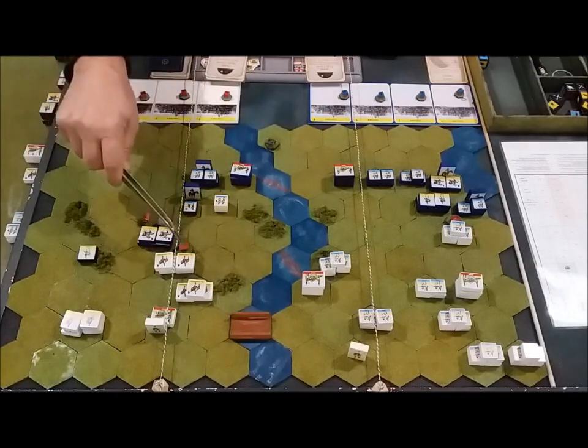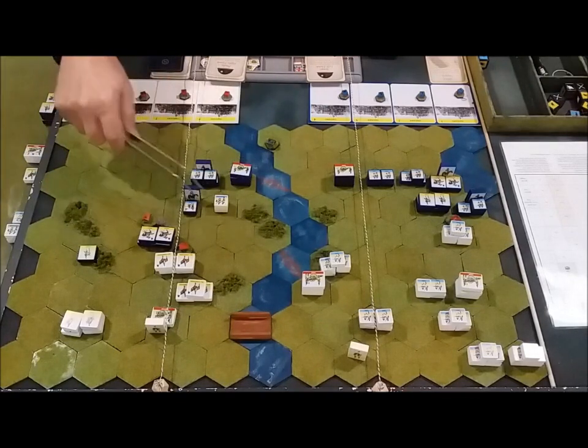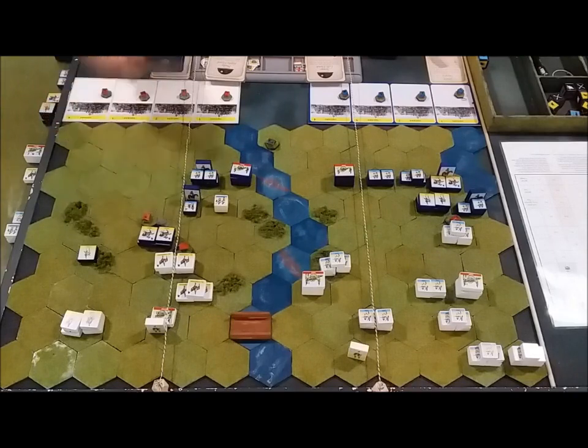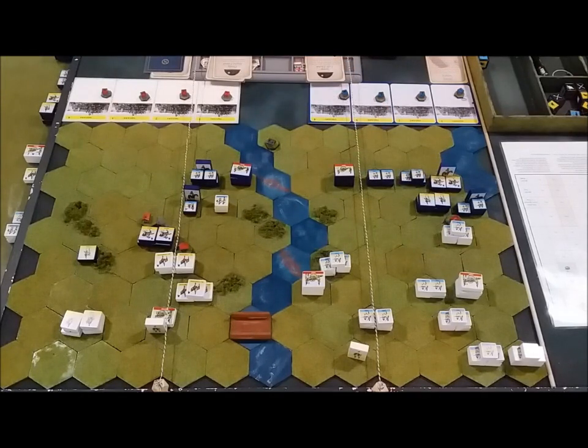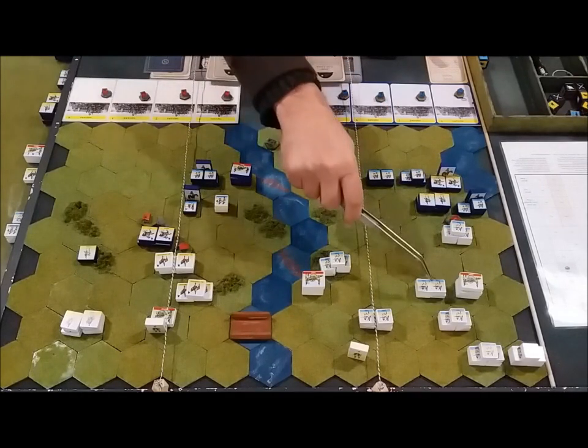And in fact, we could bring the light cav into there, and we could actually take this light infantry into here if we wanted to. Now, fire and hold is for infantry and artillery. So we could do a fire and hold. That would give us lots of fire onto him there. Give us a little bit of fire over to here.